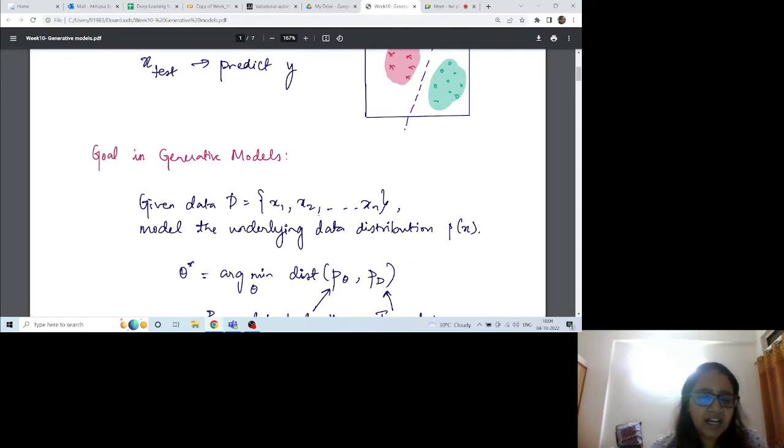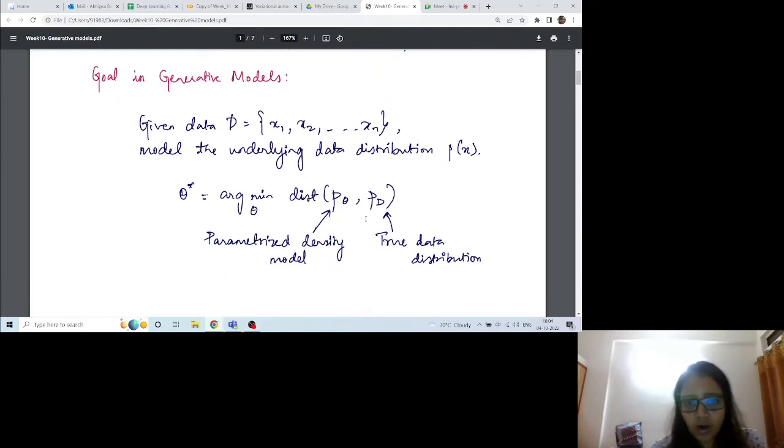These are samples from a certain distribution, some finite number of samples, and we do not know that distribution. But what we want to do is generate new samples from this unknown distribution by somehow approximating it through a model.